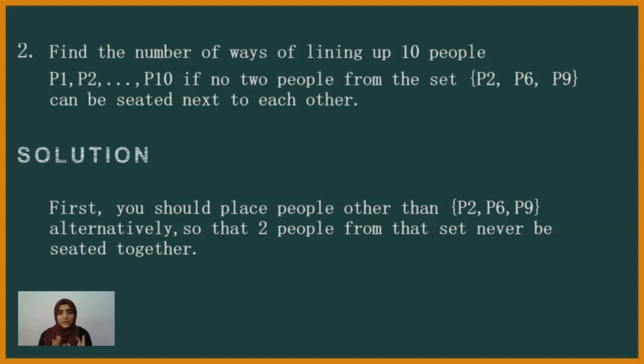So, to answer this question, you should first place people other than P2, P6, P9 so that two people from that set are never seated together. Since our condition is that from the set P2, P6, P9, no two people are allowed to be seated next to each other.